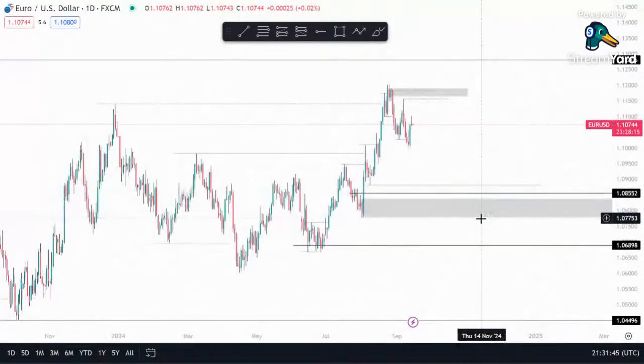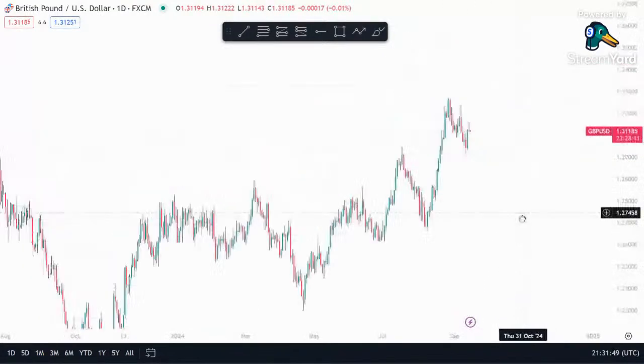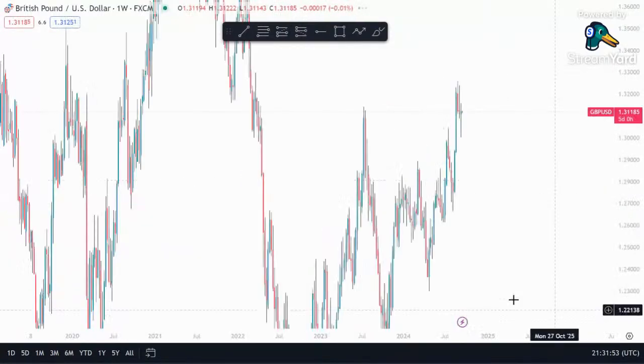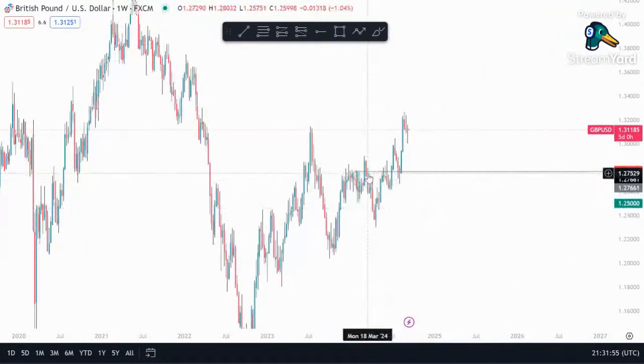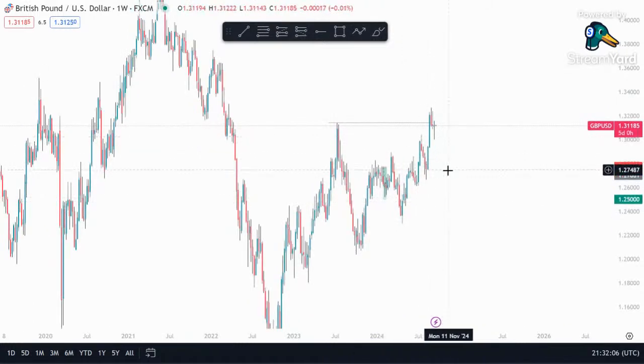So let's go to GU. GU is basically the same thing. Let's go to the weekly time frame. On the weekly time frame, this one is even very much clearer. Price swept this overall high, indicating that we are bullish.